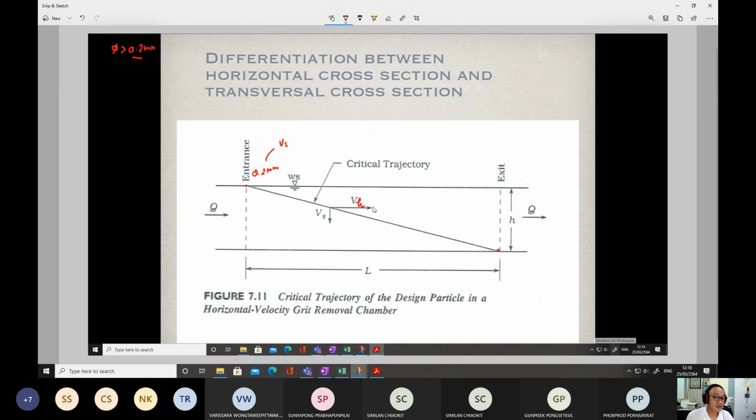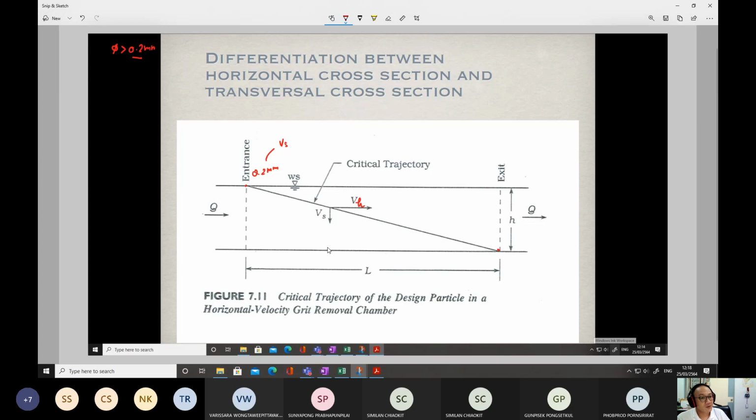Somehow it moves in this direction, and somehow it also moves in this direction. So the actual direction becomes like this, as a resultant of the horizontal velocity and the settling velocity. We call this trajectory line the critical trajectory line.